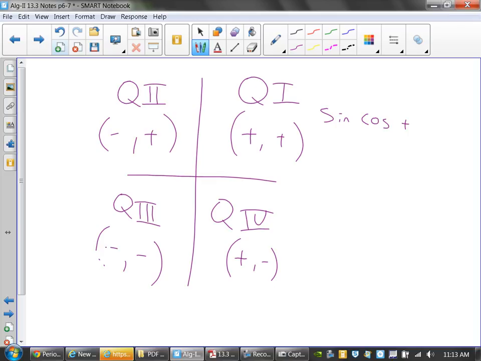What's tangent? Tangent would have to also be positive. If sine is positive, its inverse is positive. If cosine is positive, its inverse is positive. If tangent is positive, its inverse is positive. Yes, sir. Positive.